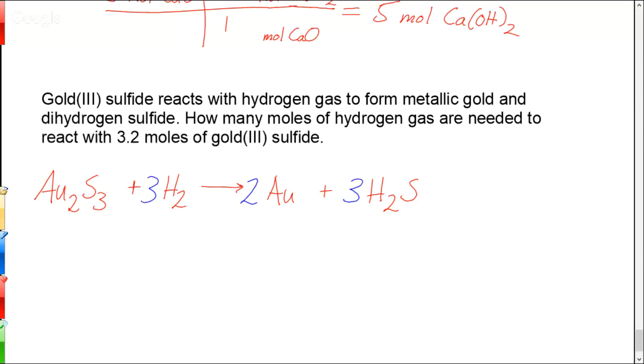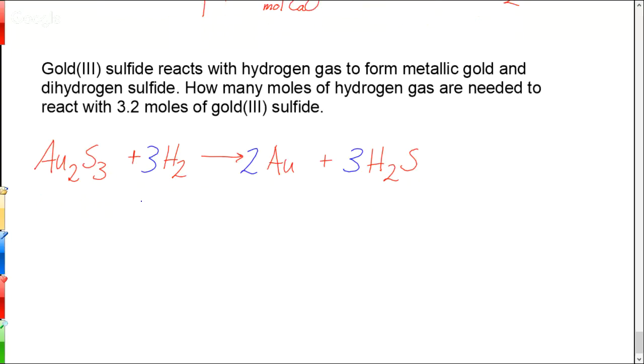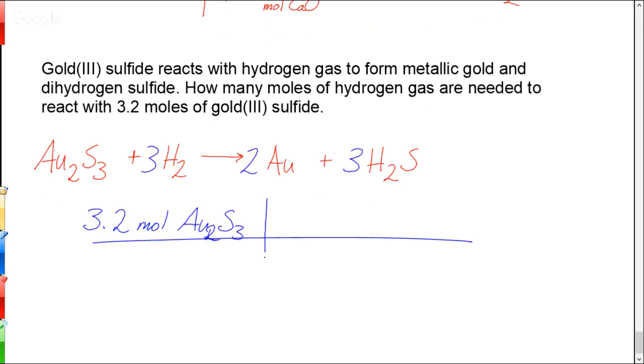Okay. So let's do the moles. Again, same calculation that we've been doing. We start with that amount that we're given, 3.2 moles of gold sulfide. And we want hydrogen gas.